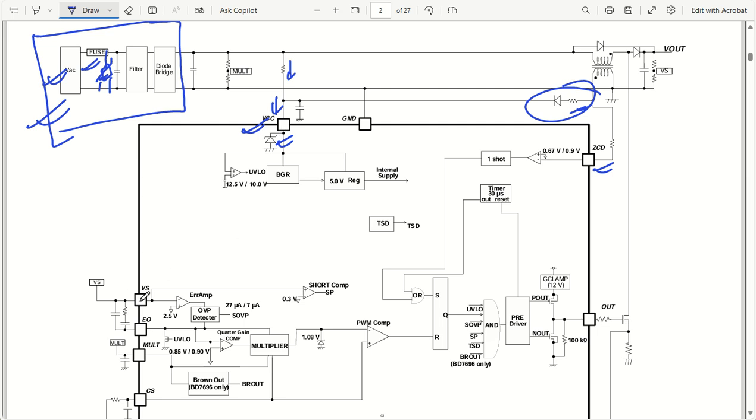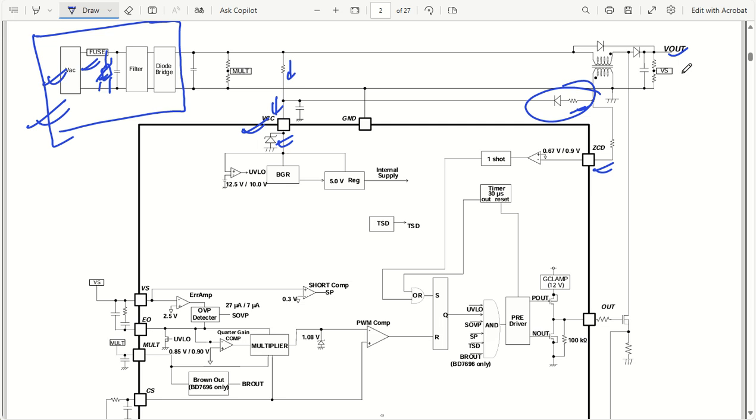Let's talk about this VS pin. VS pin is nothing but the feedback pin. So the feedback pin will be coming from this output. You can see here the output pin is there. This is what is going to go to the primary of our power supply converter, that is my, let us say, flyback converter, or we have some primary of my transformer.